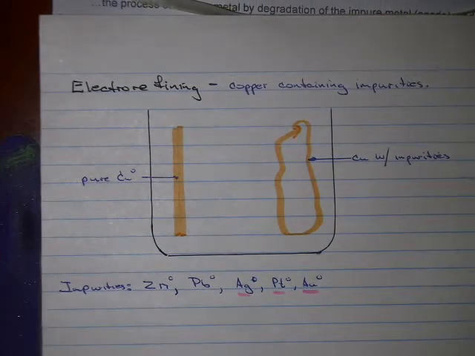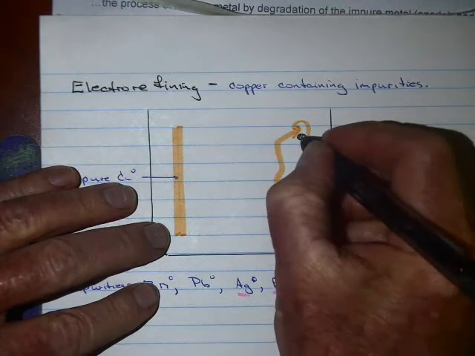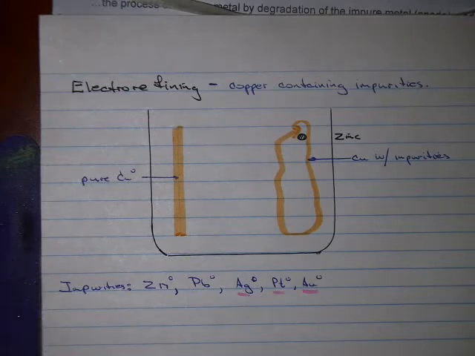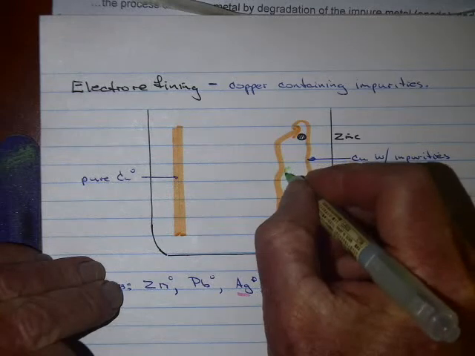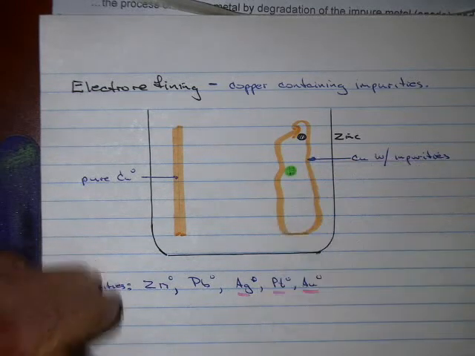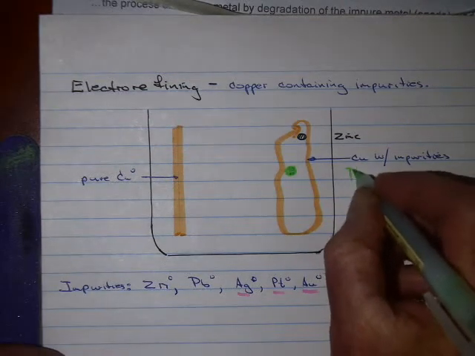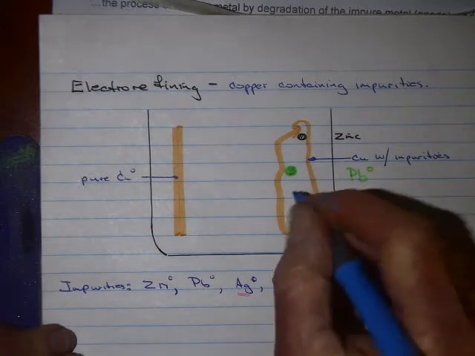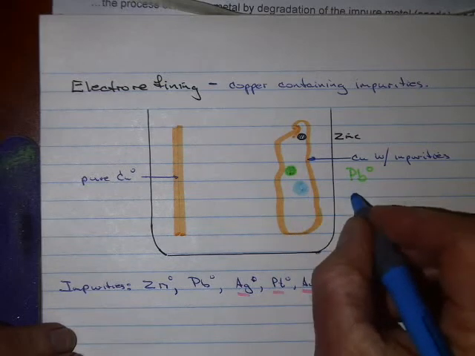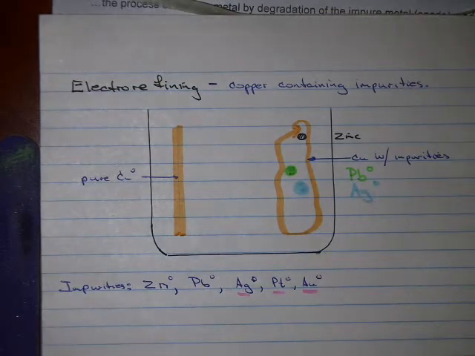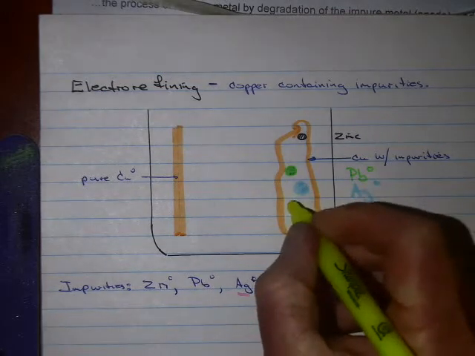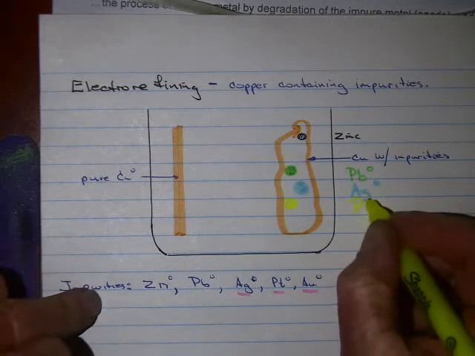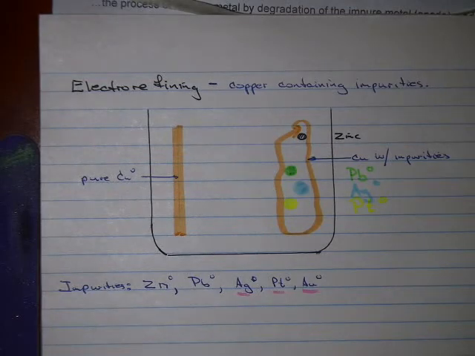I'm gonna say that here this is zinc, and this green is going to be lead, and let's say we have silver, and platinum, and gold.